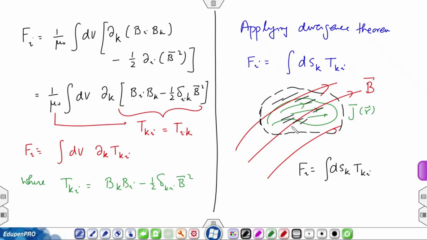That will give me the force on this volume, and therefore only on the current density, because force applies on the current density. So, that is the stress tensor due to magnetic field, right. T_ki is the Maxwell's stress tensor due to magnetic field.